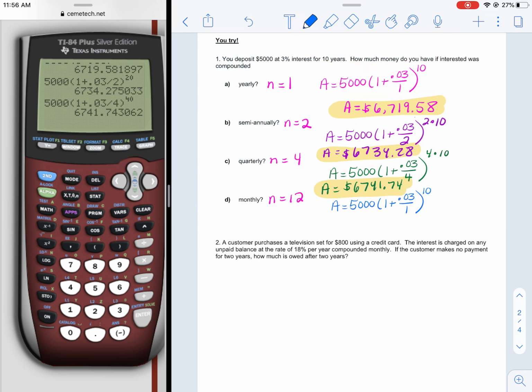And then lastly, if interest is compounded monthly, we're going to use 12. So divide by 12, 12 times 10. Okay, so hopefully you're kind of fast forwarding through this part and checking your answers.